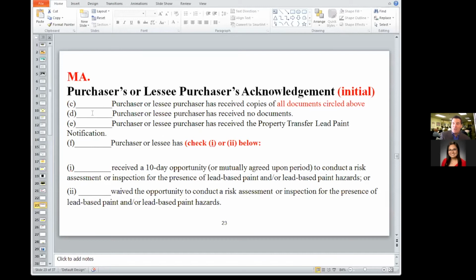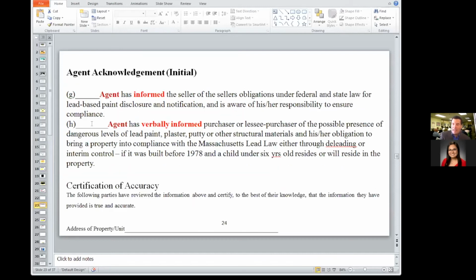So if they initial this and then they sign at the very bottom, it says right here, certification of accuracy. If the following parties have reviewed the information above, and certified to the best of their knowledge that the information they have provided is true and accurate, which means when the buyer signs this, they agree that everything above is okay, and they wouldn't have signed it otherwise.